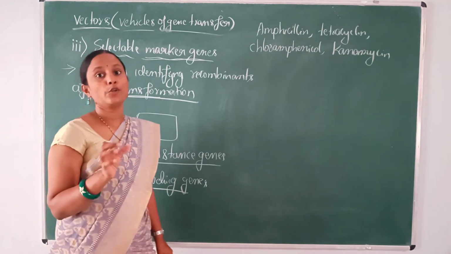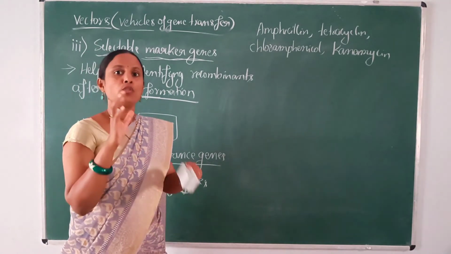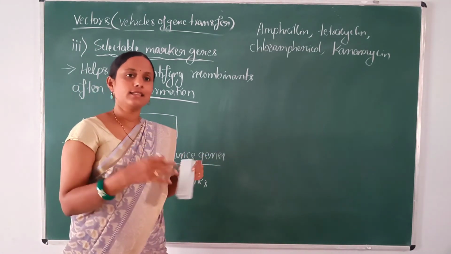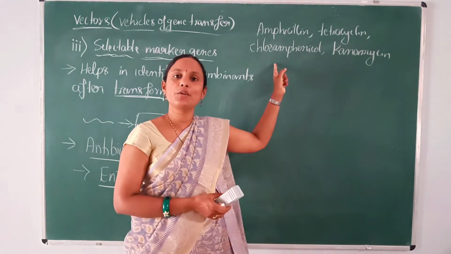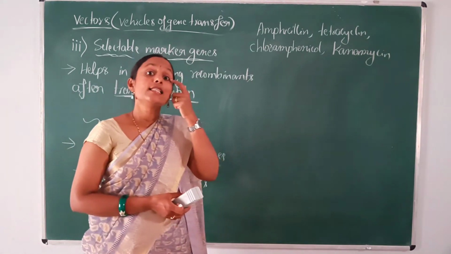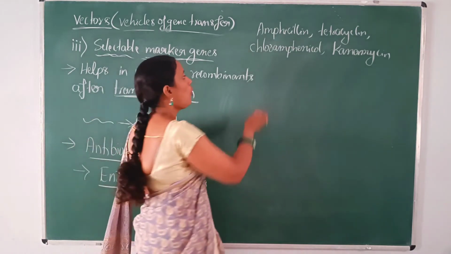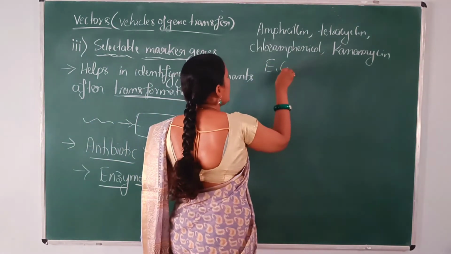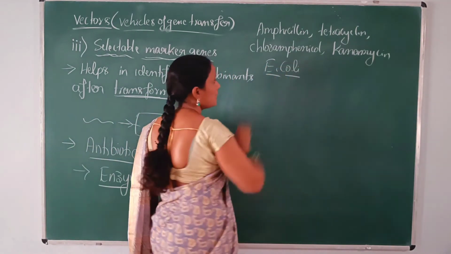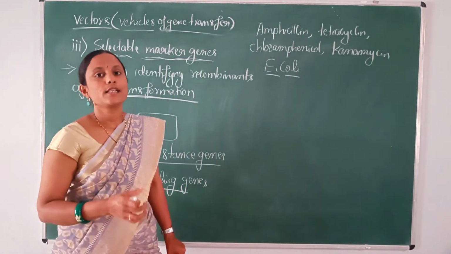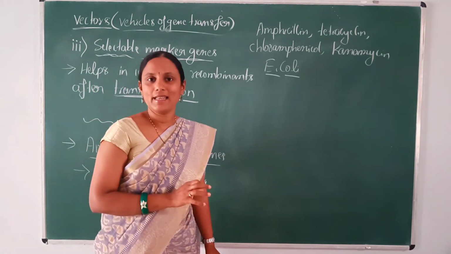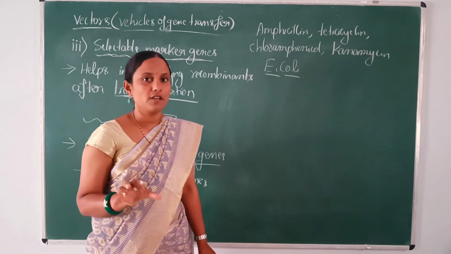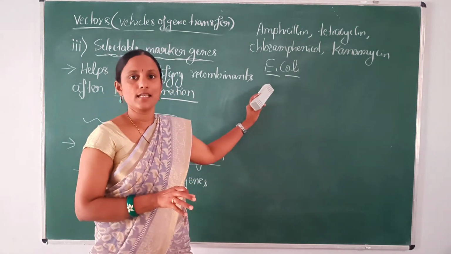These are the antibiotic names. So those genes which have a resistance towards these antibiotics are used as selectable marker genes commonly in Escherichia coli. Why are we taking the example of Escherichia coli? It is a commonly used bacteria in biotechnological works. That's why we are taking this as an example.